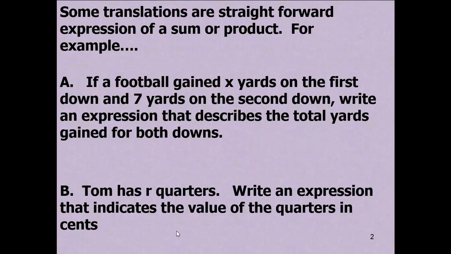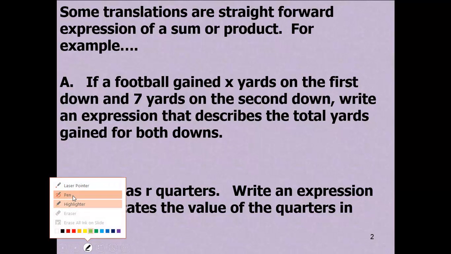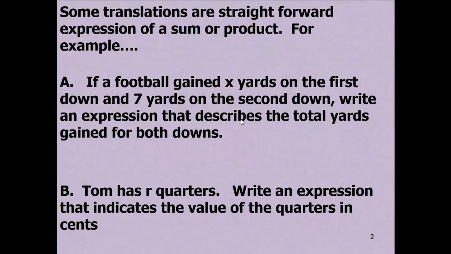That's a straightforward expression, right? We're going to add the two. Total would be add the two together. This would be a sum of the yards. What are the things we have to sum up? X was the first one and 7 on the second one. So all you do is write the expression x plus 7.